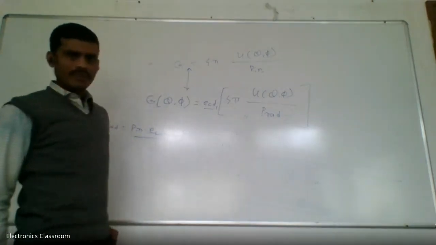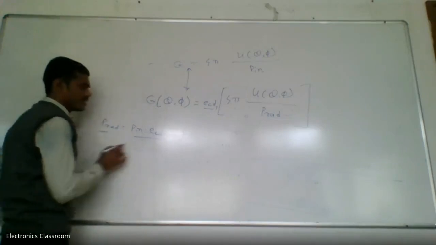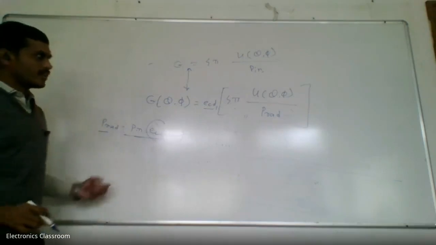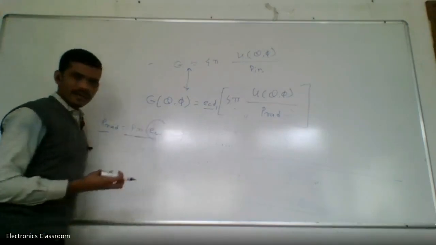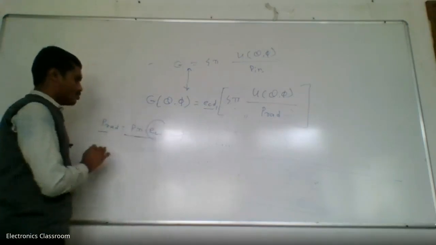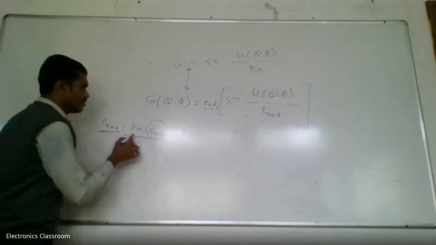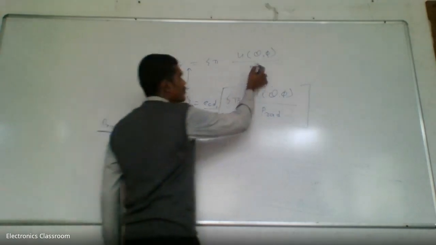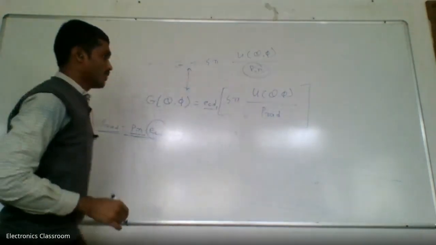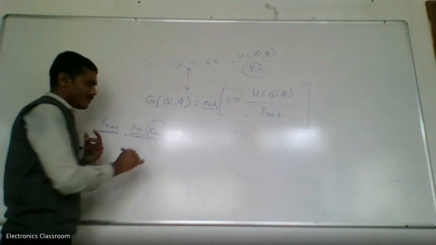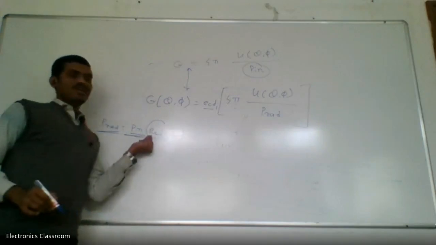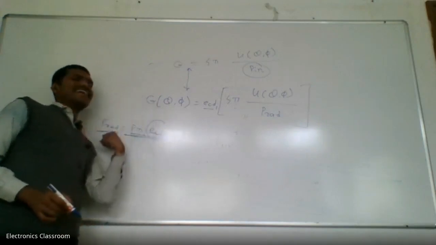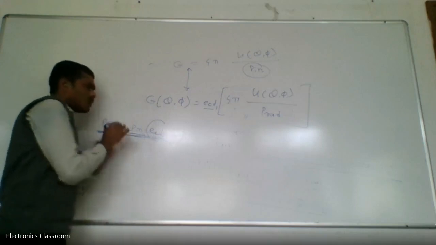At that time, we know the equation that P radian is equal to P in into ECD. Now, when we take mismatch loss into account, instead of P in we write P radian. But when we write P radian, we are taking ECD into account.